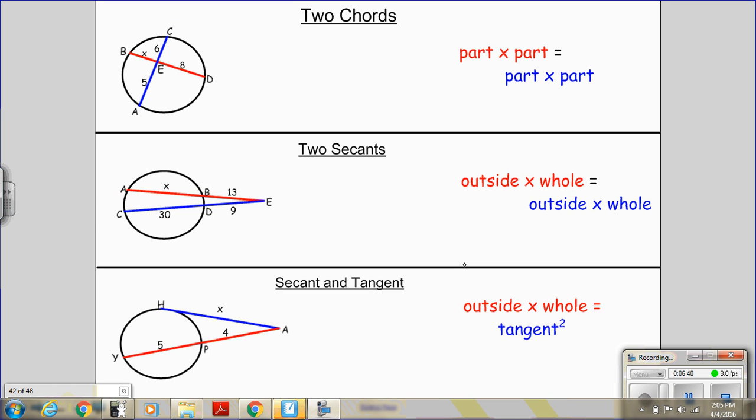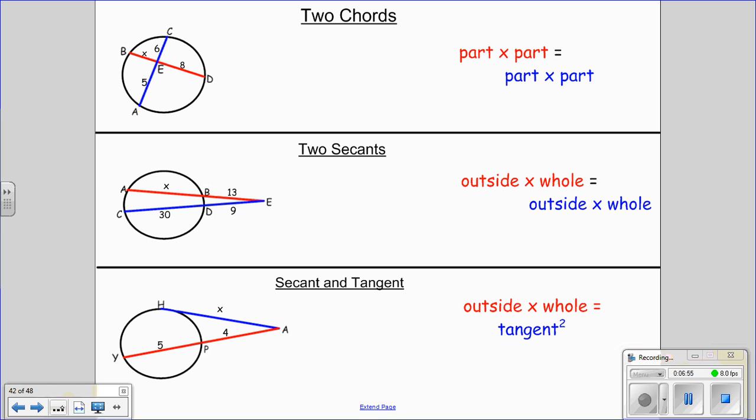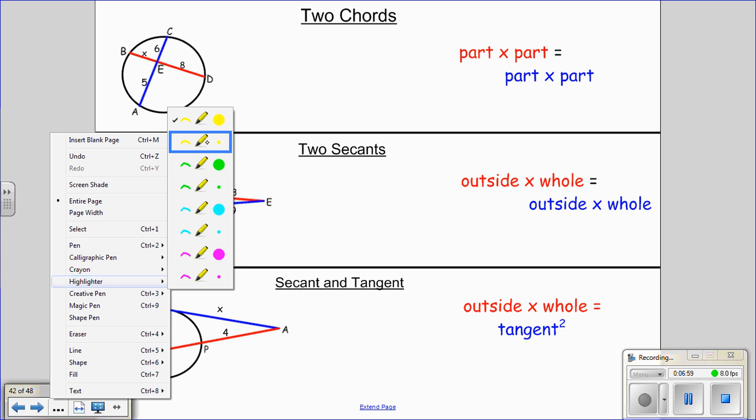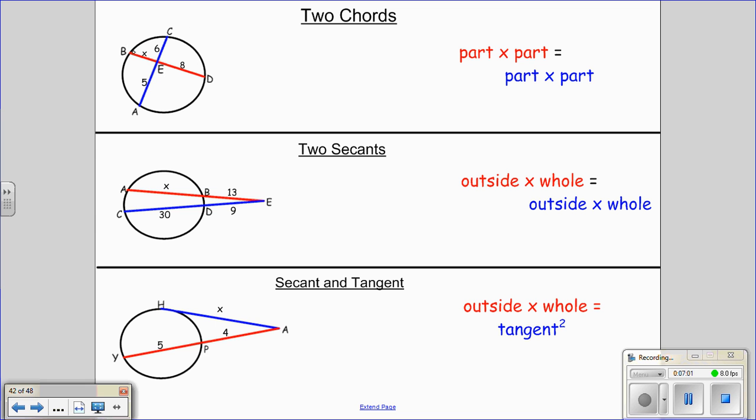So this sums up some of the theorems. Hopefully it simplifies some of the ideas for you. So if you have two chords intersecting inside the circle, then it's part times part equal to part times part.